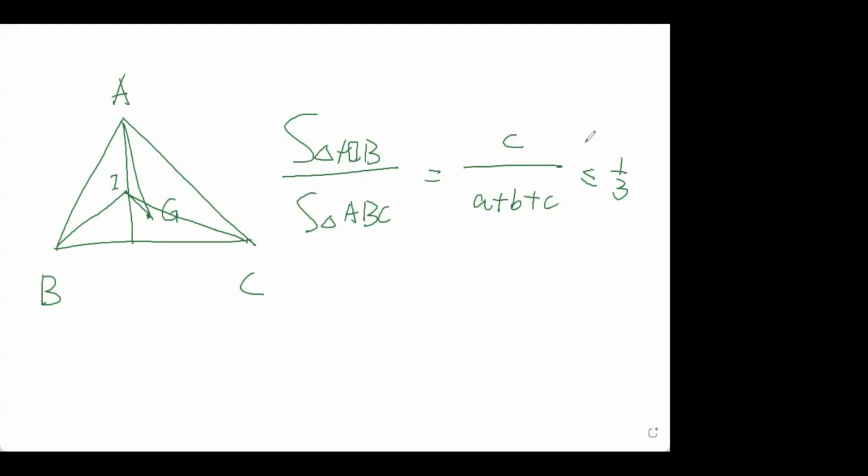because we've assumed that A is bigger than B is bigger than C. So we know the area of the triangle AIB is smaller than 1/3 of the triangle ABC, but 1/3 of the area of the triangle ABC actually equals ABG.